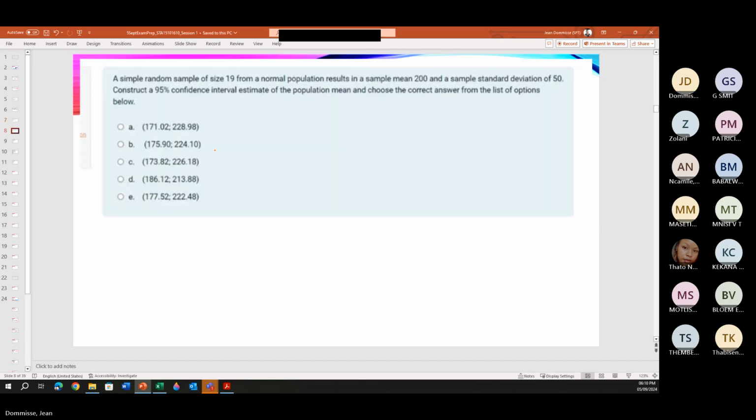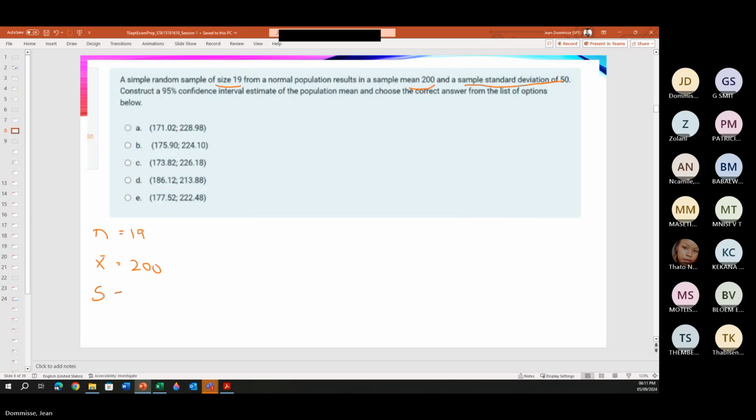Okay, so another one with a bit of confidence interval. Okay, so simple random sample of size 19 from a normal population results in a sample mean of 200 and a sample standard deviation of 50.